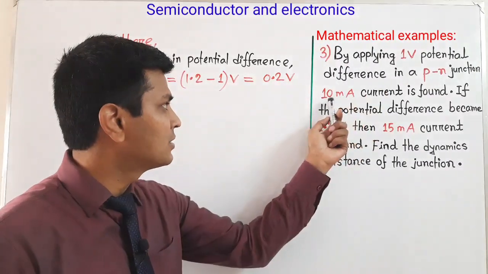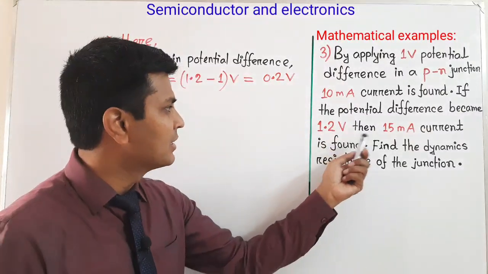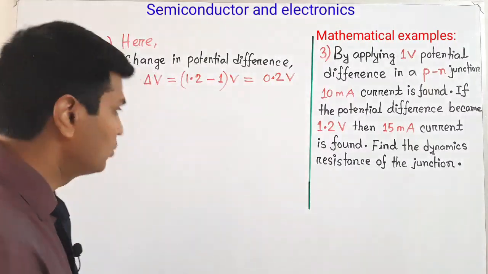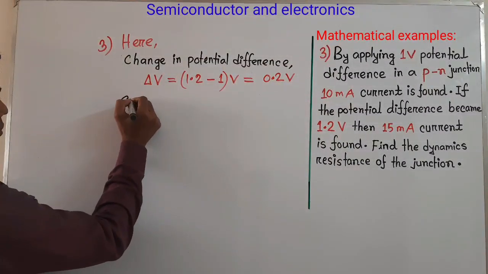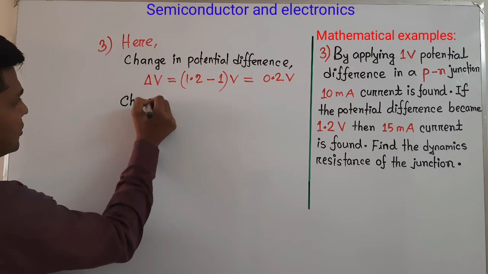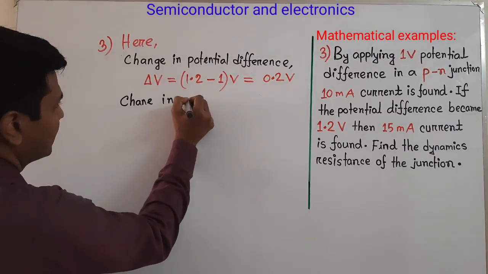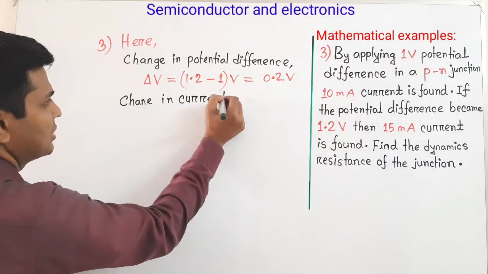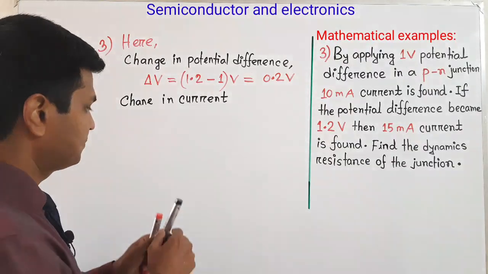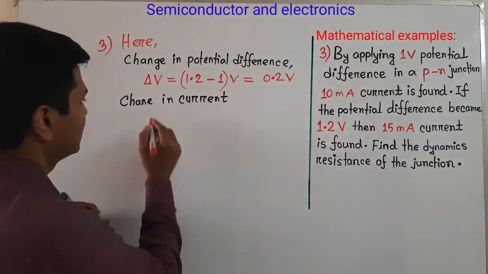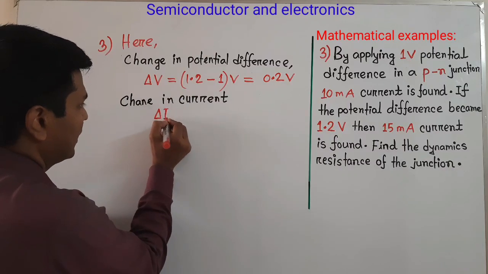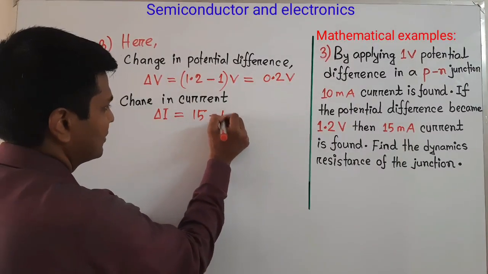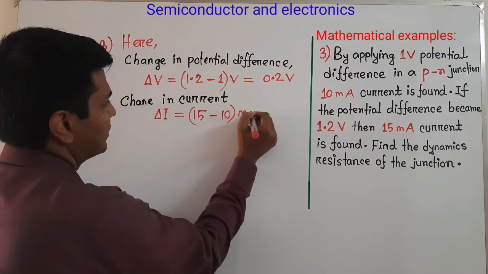The initial current was 10 milliampere and the final current is 15 milliampere. So the difference between the two currents is 5 milliampere. So we can write here the change in current, which is represented by del I, and del I will be the subtraction of 15 minus 10 milliampere.